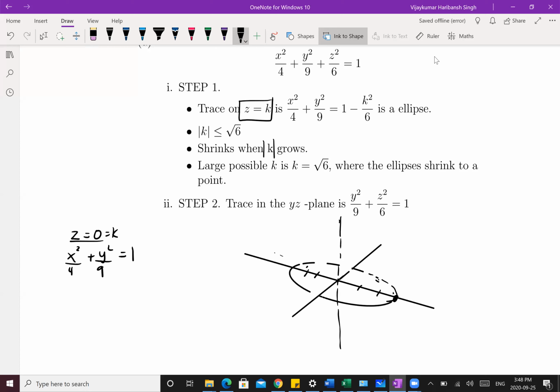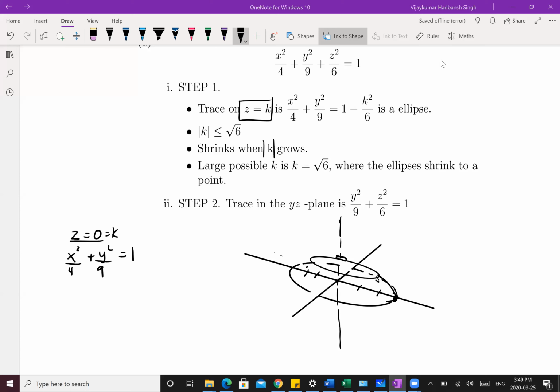If we go up, the size of this thing shrinks, right? So take k equals, say, 2, then the size will shrink. So we get basically ellipses on top of each other.